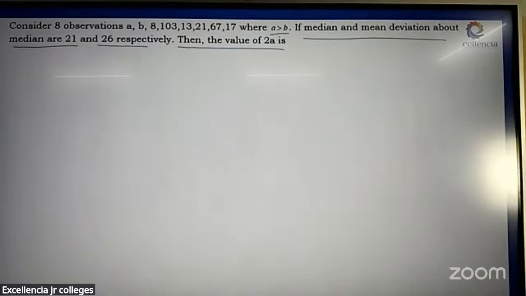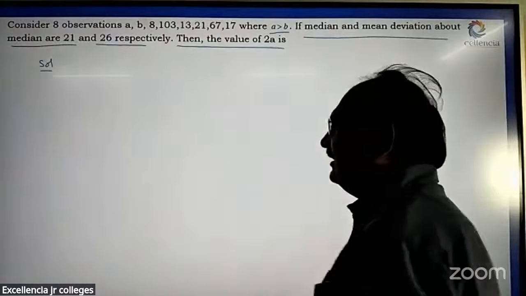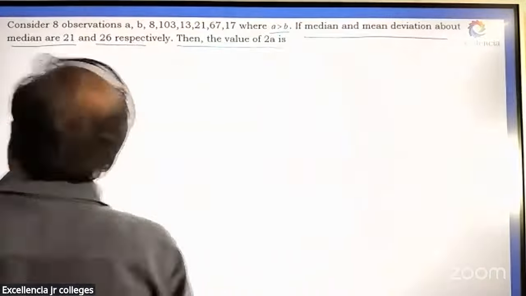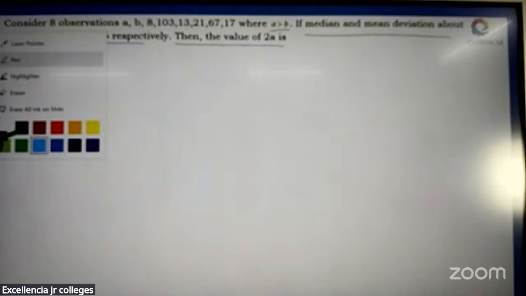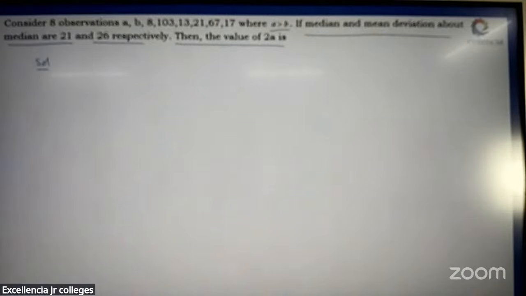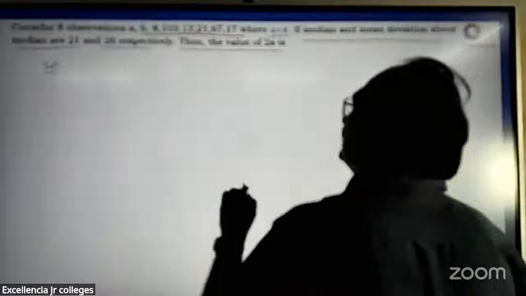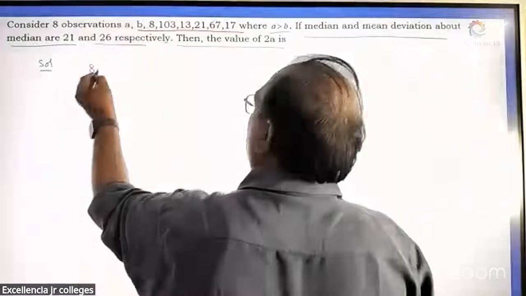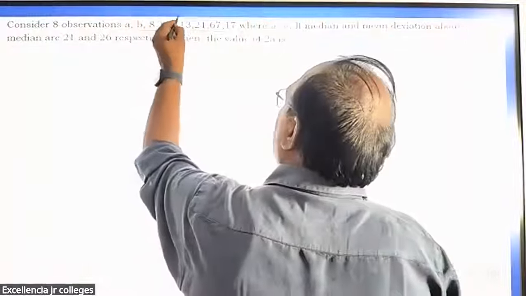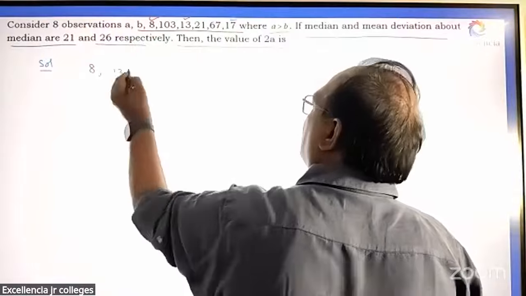Now, let me write this whenever I am going to think about the median. Here I have to write the given data in ascending order or descending order. 8 observations are given. First, let me write the smallest one, 8. After that, 8 is over. Next 13, next 17.